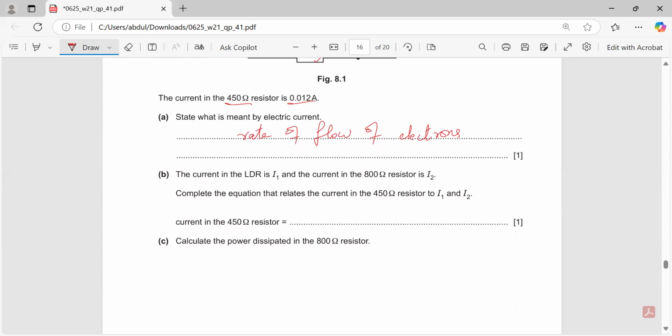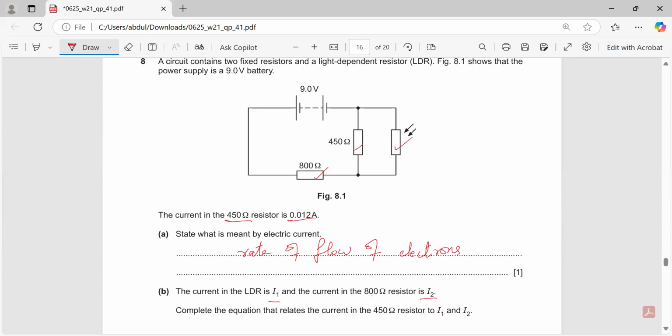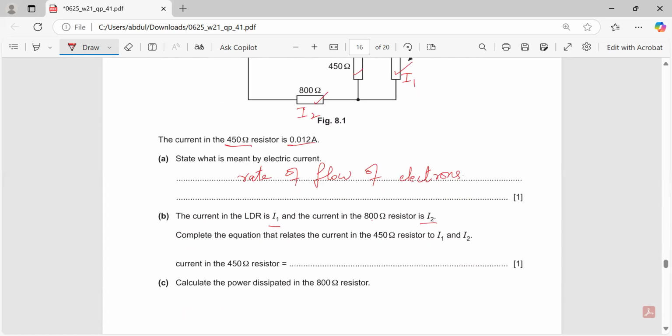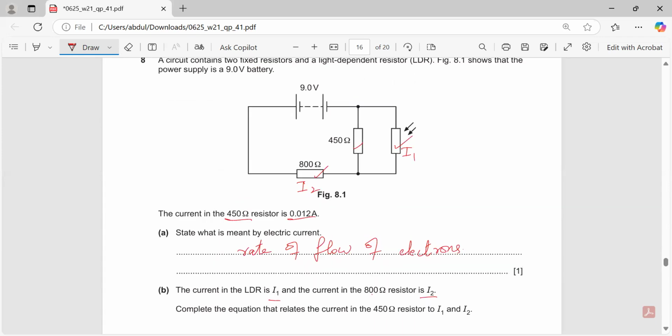Current in the LDR is I1 and current in 800 ohm is I2. Complete the equation that relates the current in 450 ohm resistor to I1 and I2. See this I2 is current in the battery also because 800 ohm resistor is connected in series to the battery.